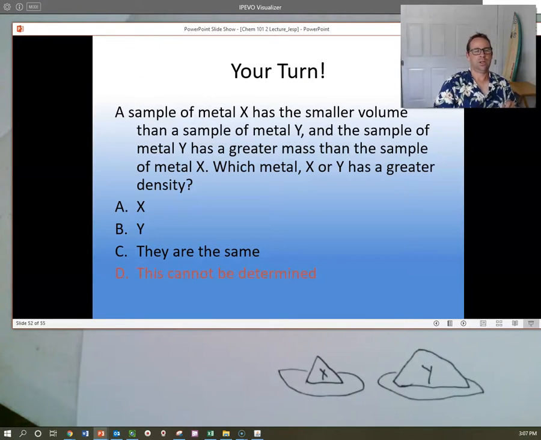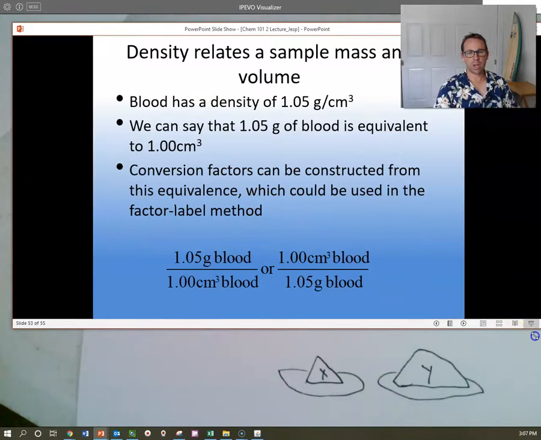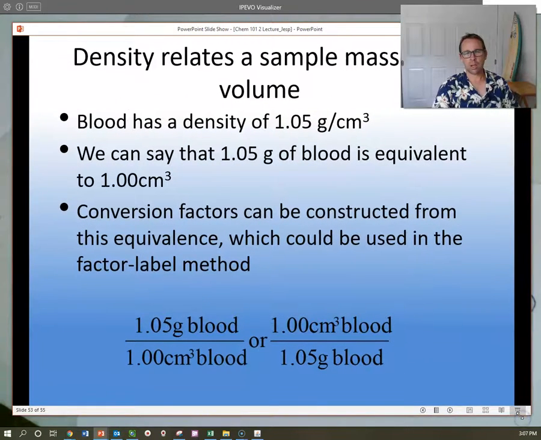So, we'll skip to this. We have a couple more slides here, and we're almost done. But we want to use the density of a material in such a way that it's used as the conversion factor now.